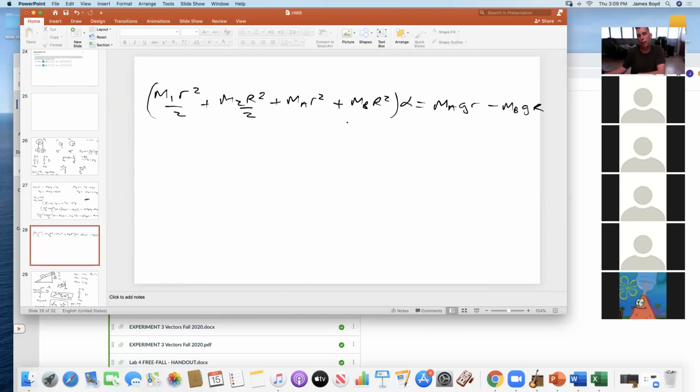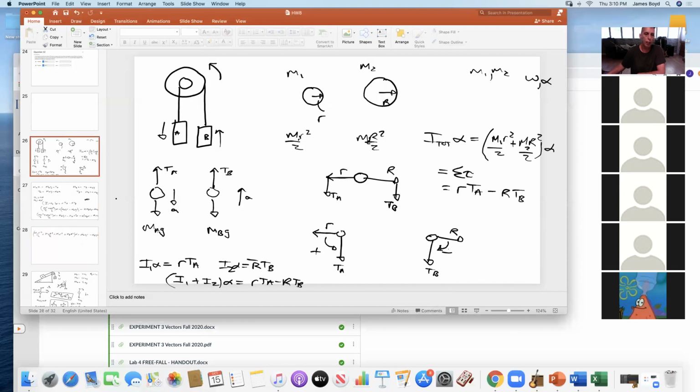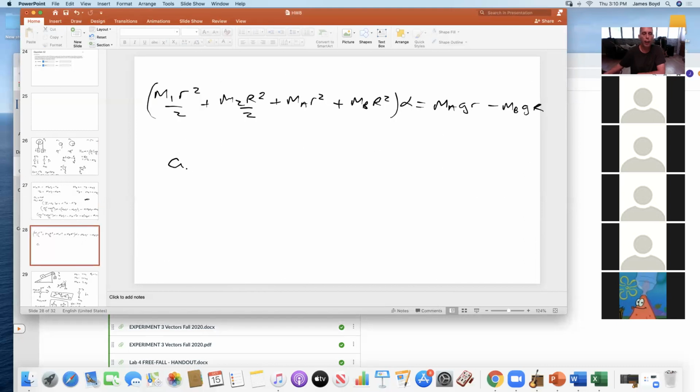This will give you alpha, which will tell you how fast the composite pulley is turning. If you then wanted to know the acceleration of A, you would know that A of 1 is little r alpha, and A of 2, or B, is big R alpha.